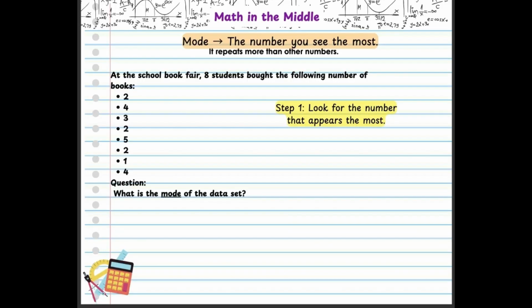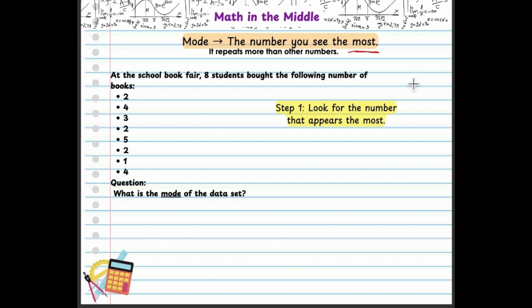All right, so the next one that we're going to look at is mode. So mode means the number you see the most. It appears and repeats more than other numbers. So let's take a look at the question. At the school book fair, 8 students bought the following number of books: 2, 4, 3, 2, 5, 2, 1, 5.